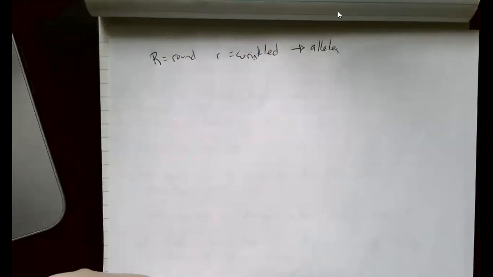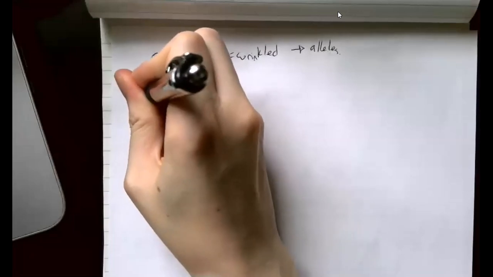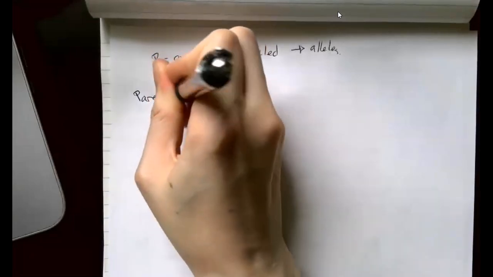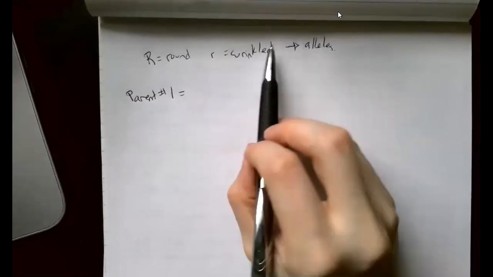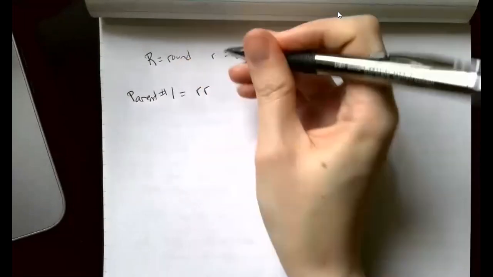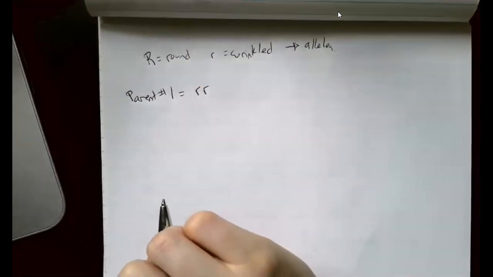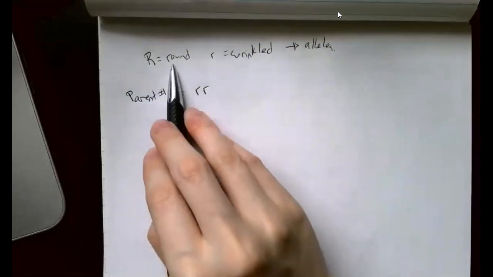And it said a wrinkled seed is crossed with a heterozygous seed. So my two parents, we'll say parent 1 is the one that has the wrinkled seed. Now, in order to be wrinkled, you must have 2 of the recessive alleles. If you had one of the dominant alleles, you would end up round.